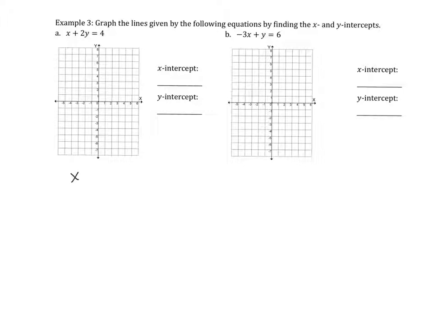So an x-intercept, we let y be 0. So that y term is gone, so x equals 4. Now we have that point, so let's go ahead and plot that on the x-axis. Y-intercept, we let x be 0.